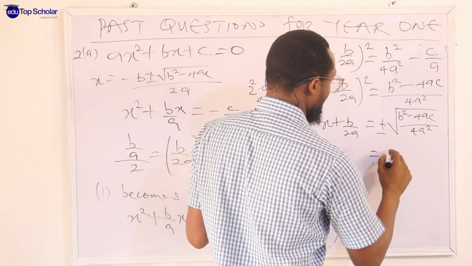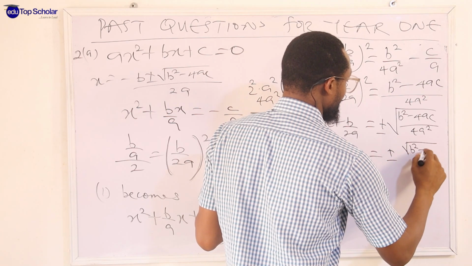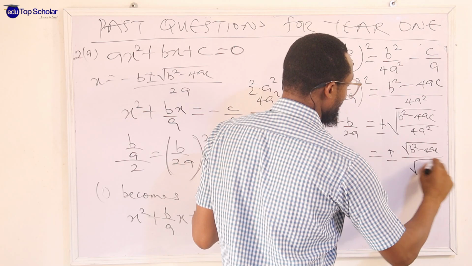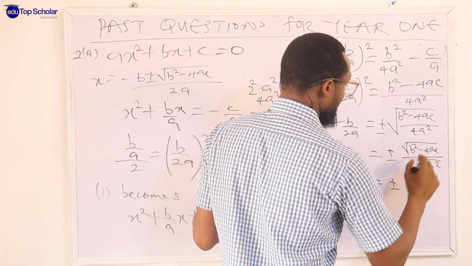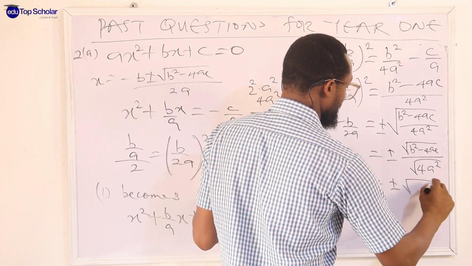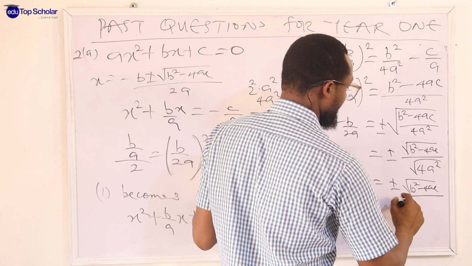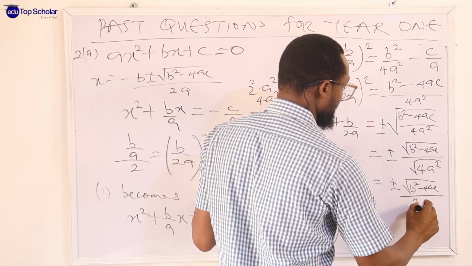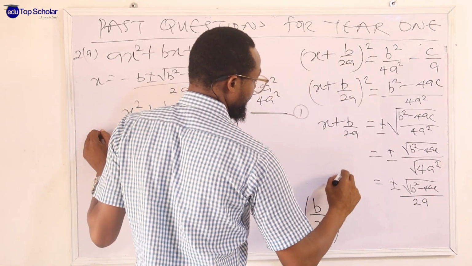From our solve, we can rewrite this as root b squared minus 4ac over root 4a squared. And we know that root b squared minus 4ac now divided by the square root of 4 will be 2, the square root of a squared will be a.